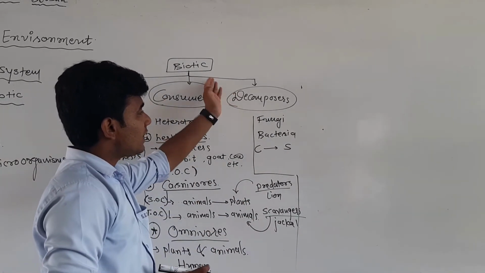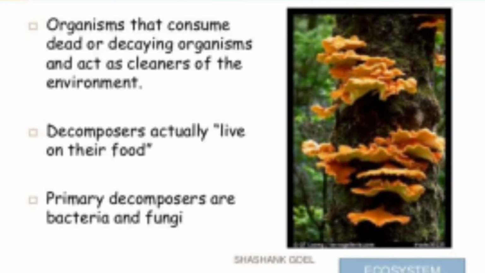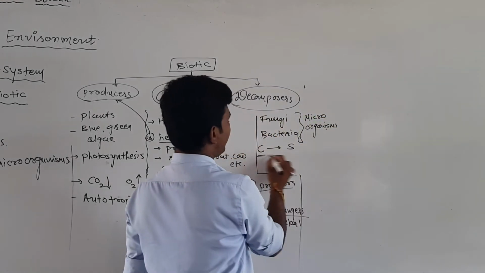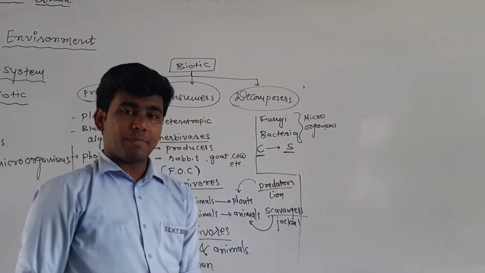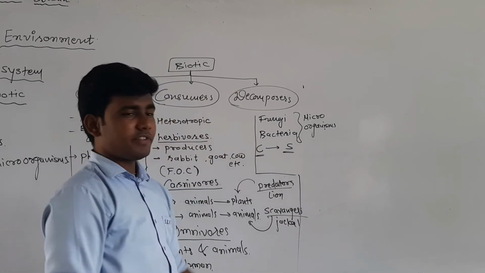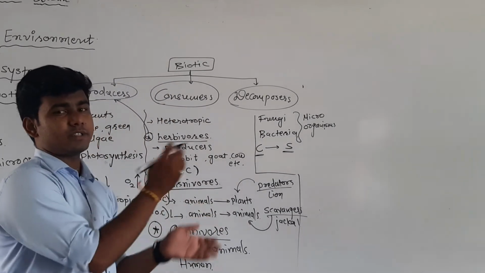Okay, so what are decomposers? Decomposers are bacteria or fungi or such different microorganisms which convert complex compound into simple compound. Now, what is the advantage of these decomposers? They break down the complex compound into simple compound.